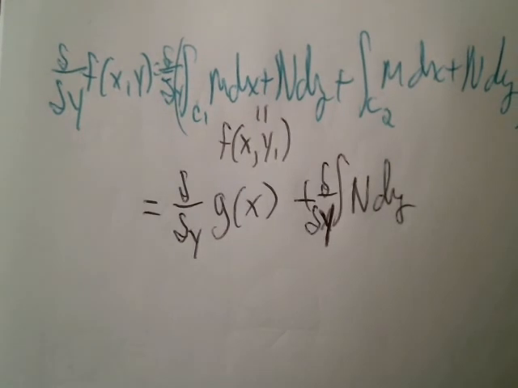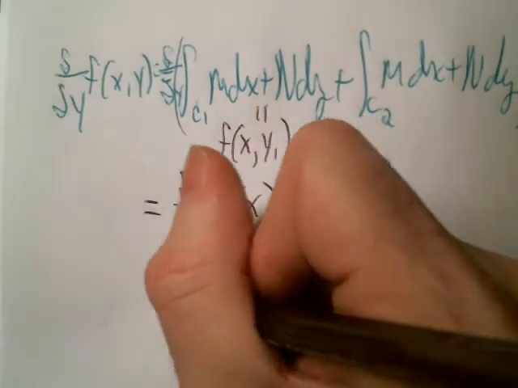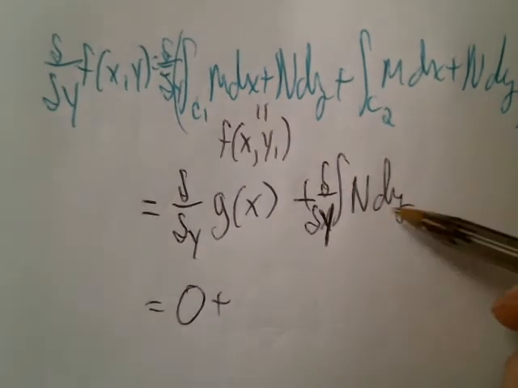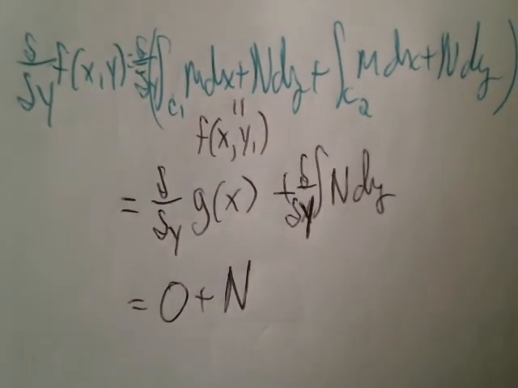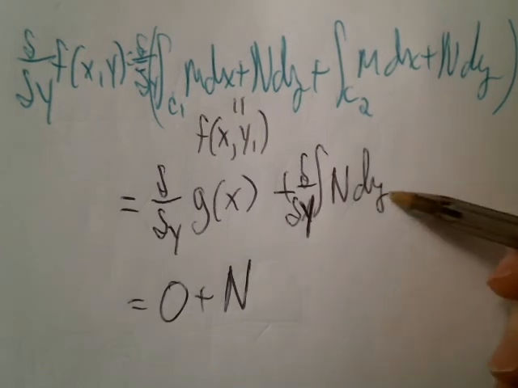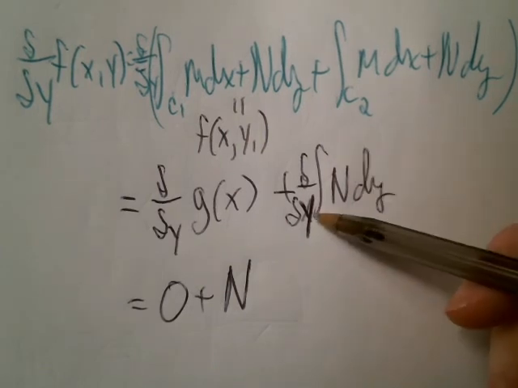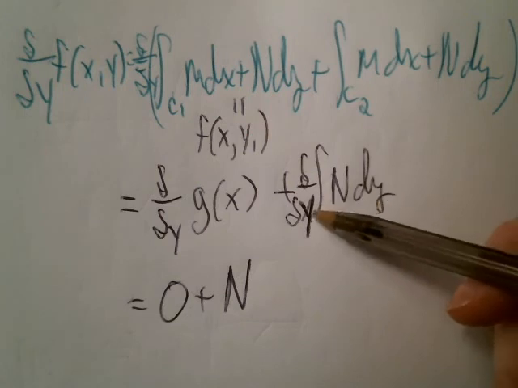Okay, there we go. So this part will be 0, and for some reason my brain isn't processing this. It should be just n. I presume it's one of those fundamental theorem of calculus things, the derivative of an integral, that kind of cancel each other out. Yeah, because this is a function of y, you're taking the derivative of it with respect to y.